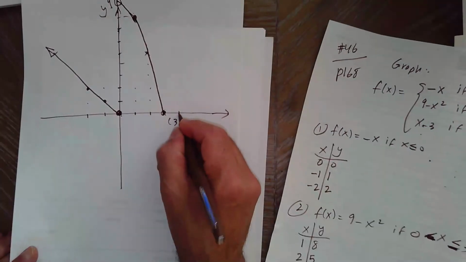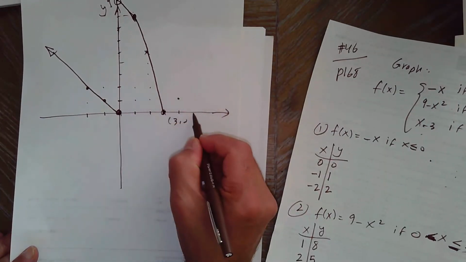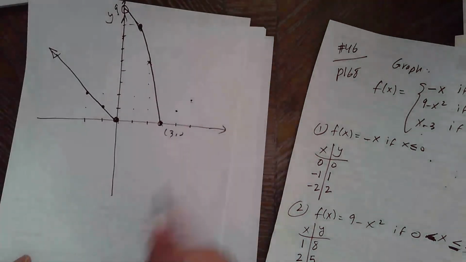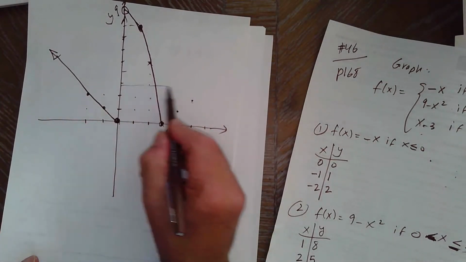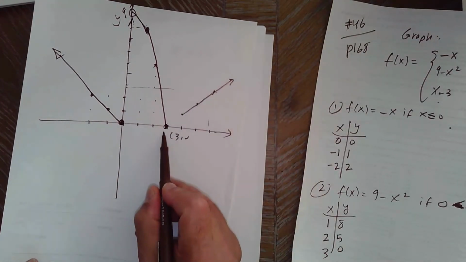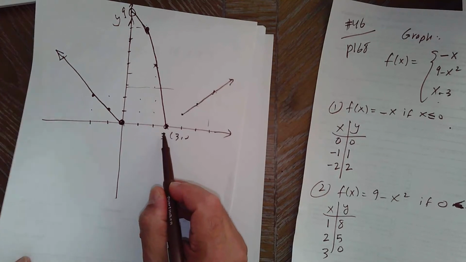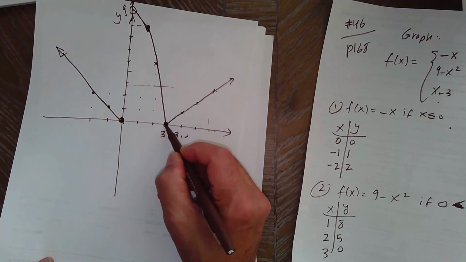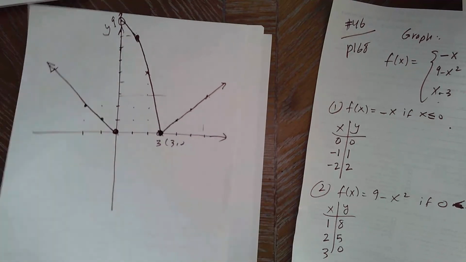So 4, 1, 5, 2, and then 6, 3. It's a line. And that line, if 3 was included, it would have been 0, so that's good. That means it would have been open here, but it's closed by the previous one. And that's the graph.